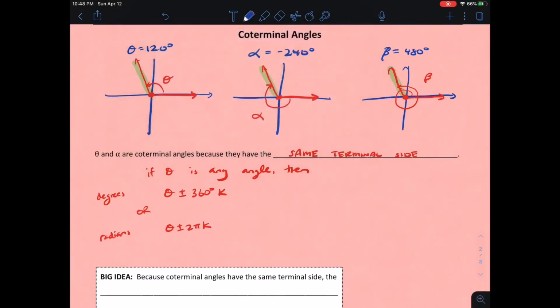In both of these cases, k is just an integer. In the end, if you add or subtract 360 degrees k or 2 pi k, you're going to end up with an angle that is coterminal with theta. And again, note k is any integer.